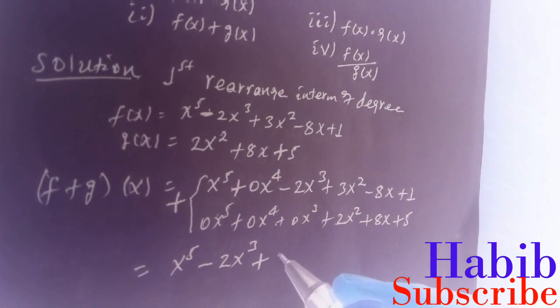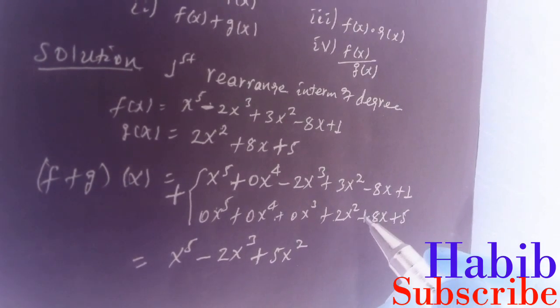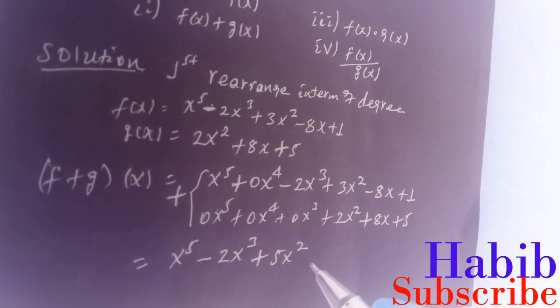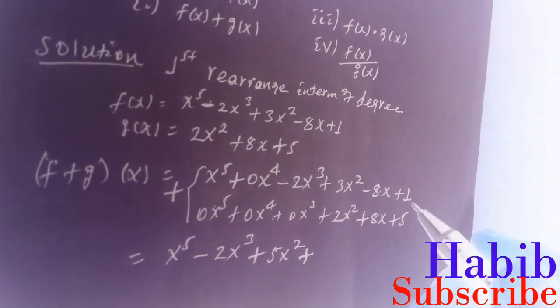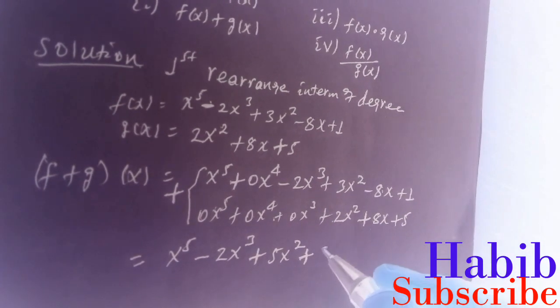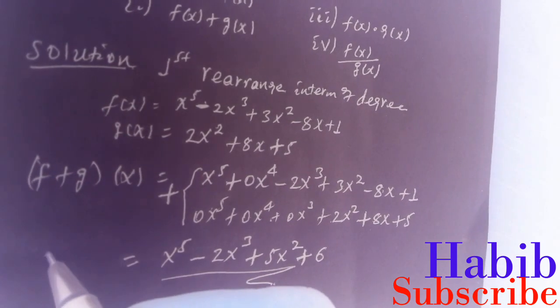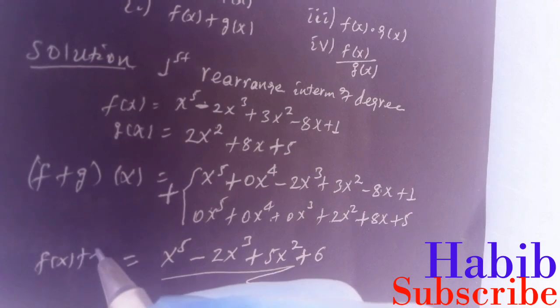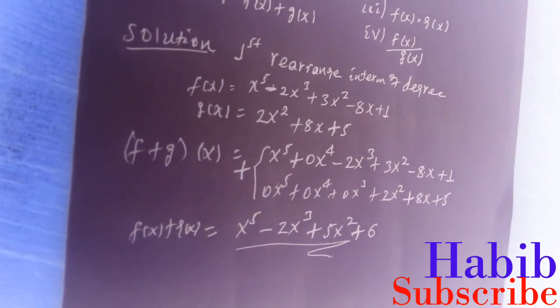For x, minus 8 plus 8, therefore 0, so the coefficient of x is 0 and we reject it, and the constant term is 1 plus 5, which is 6. Therefore, the sum of the two functions becomes x to the power of 5 minus 2x cubed plus 5x squared plus 6. This one is the sum of f of x and g of x.